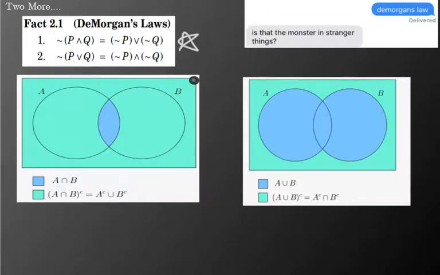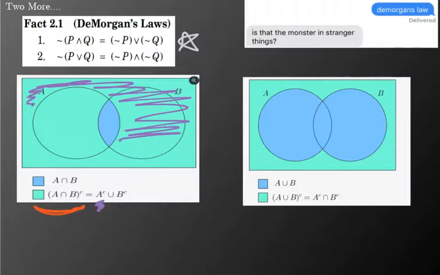You can see it if you look here. Everything right now in teal is the complement of A and B. And you can see that it's equal if you go through it. I'll do this part first. A complement would be all of this part.